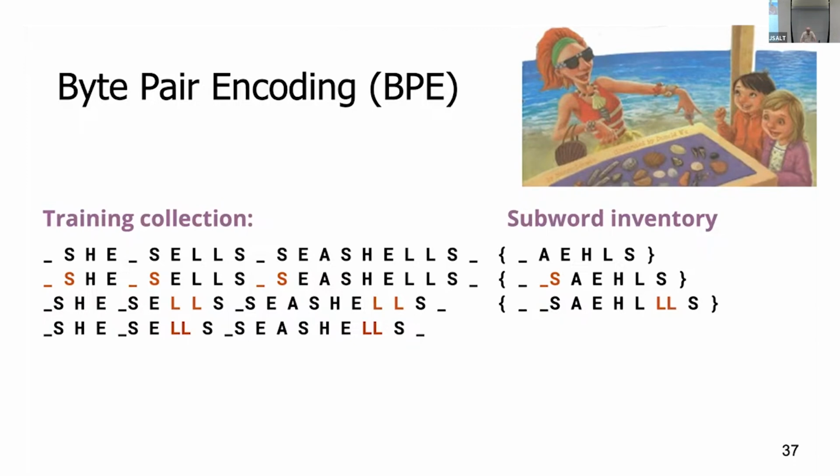The question is, why does it choose LL, not EL? They occur the same number of times, so it's just random. The other question is whether, when you have a choice, there is a preference for putting together longer ones or more words, and so on.